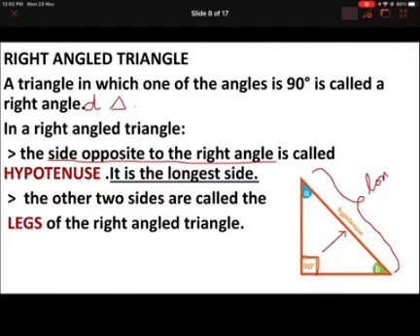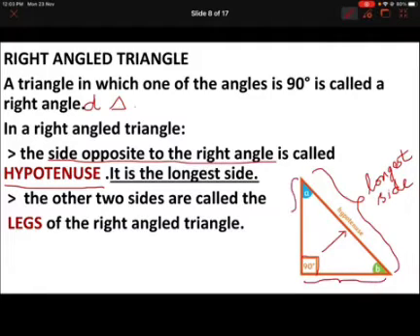That side is the longest side, children. So this longest side is called the hypotenuse. Please check the spelling. So the longest side of a right triangle is called the hypotenuse.